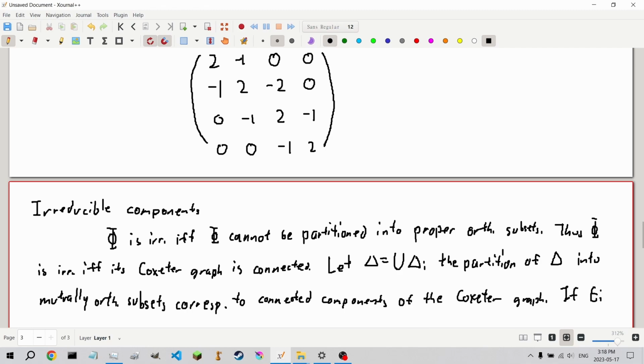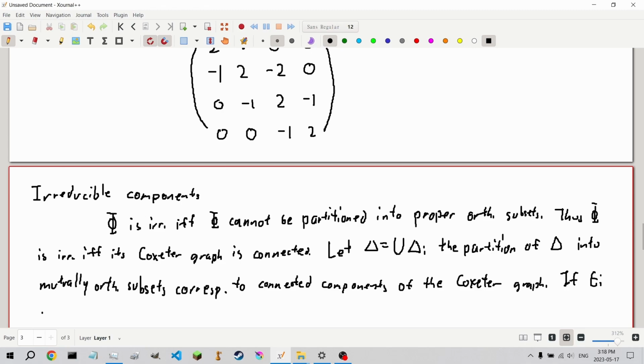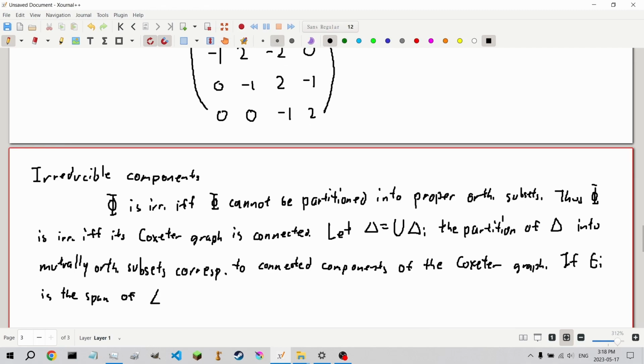If each E i is the span of delta i, then E is the direct sum of the E i. And that's actually the orthogonal direct sum.